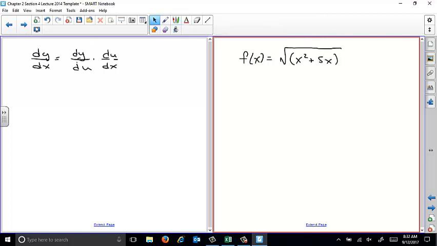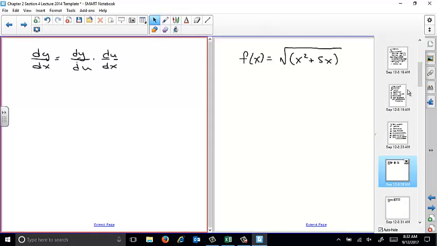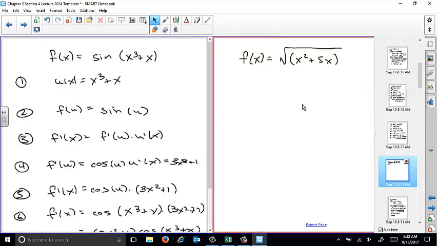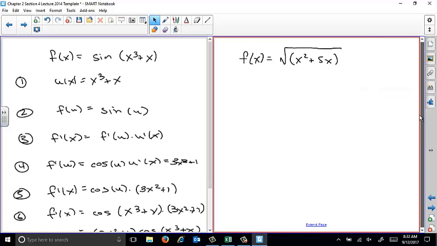I'm going to delete this page so you can see what we did on the last one. So let's see how far you can get by yourself.